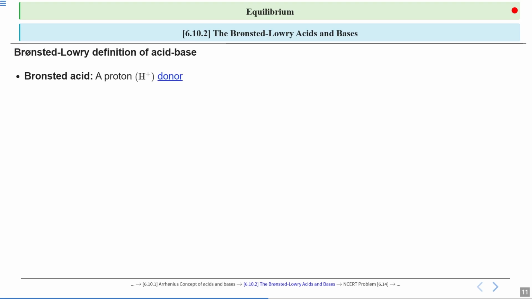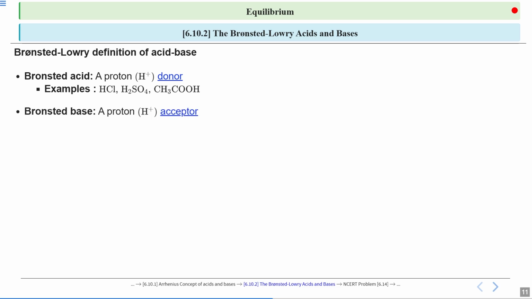Next is the Bronsted-Lowry definition of acid and base. Now the acid part has a similar definition to that of Arrhenius, meaning a proton donor is termed as acid. Examples would be again the same ones, HCl, H2SO4 and acetic acid. All of these are donating H plus ion. But if I talk about Bronsted base, then rather than taking an OH minus donor, he considered those species as base which accept H plus.